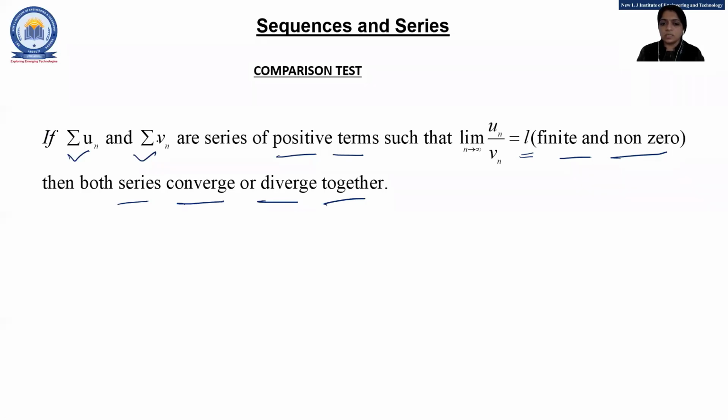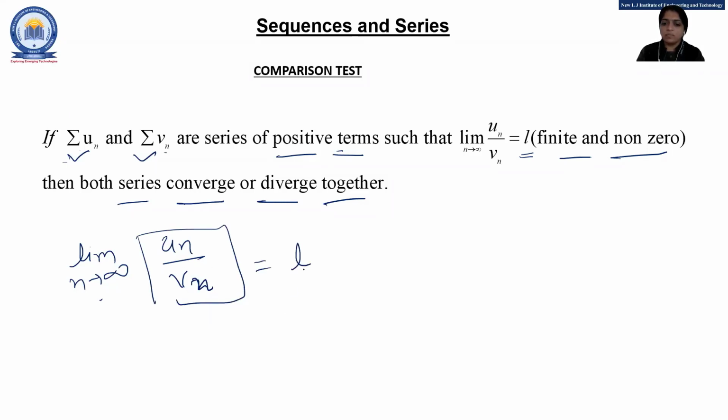Here we have two different series, both positive term series. And if we find the limit of the ratio of these two series, which is equal to L, and this L is finite and non-zero, then both series are either convergent or divergent, both together.